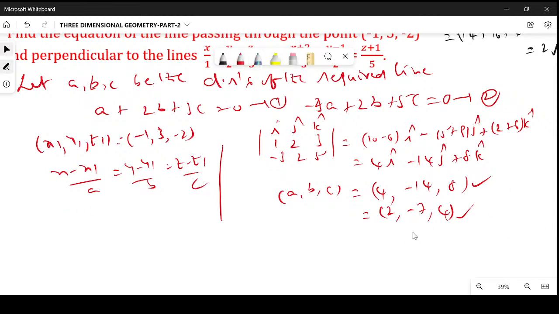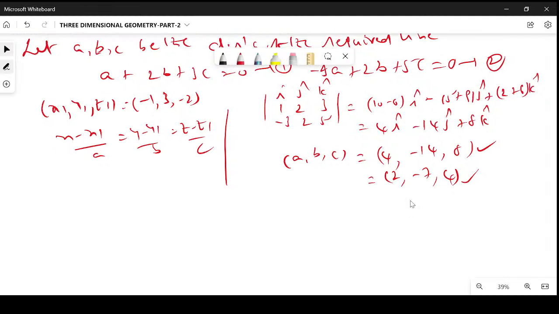Then (x + 1)/2 = (y - 3)/(-7) = (z + 2)/4. So this is the required line.